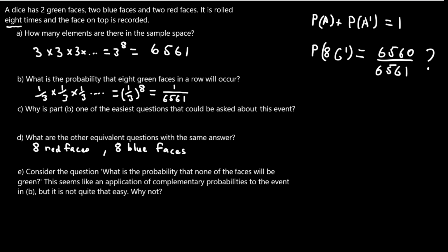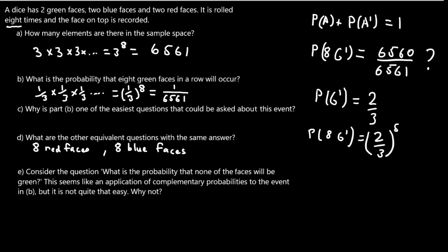Well, let's break this question down a bit more. Instead of saying none of the faces will be green, what about the probability that it's not green to begin with? So just one roll of the dice, probability that it's not green, that would just be 2 out of 3. And if we wanted to do the probability of 8 not greens in a row, that would just be 2 over 3 to the power of 8.